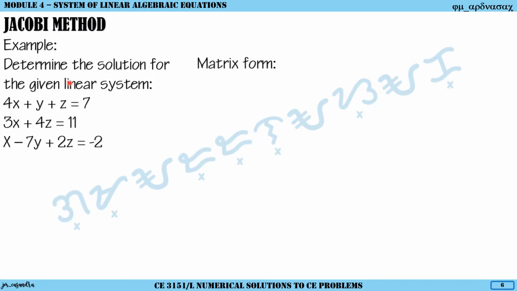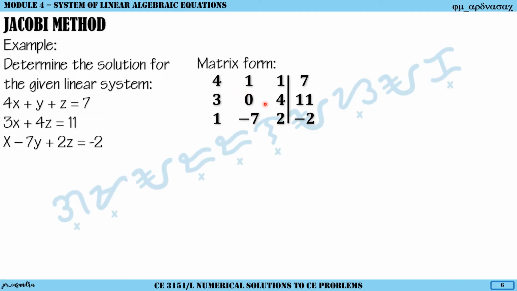In matrix form, we write the given equations as [4, 1, 1 | 7], [3, 0, 4 | 11], [1, -7, 2 | -2]. As we have mentioned, the Jacobi method strictly requires that the diagonals should not have a 0 element.